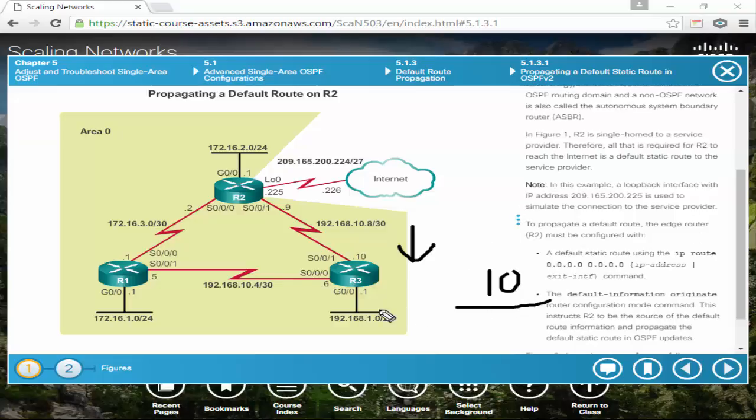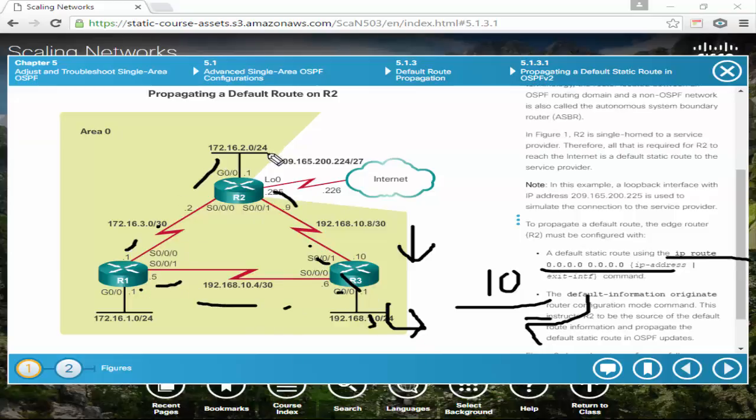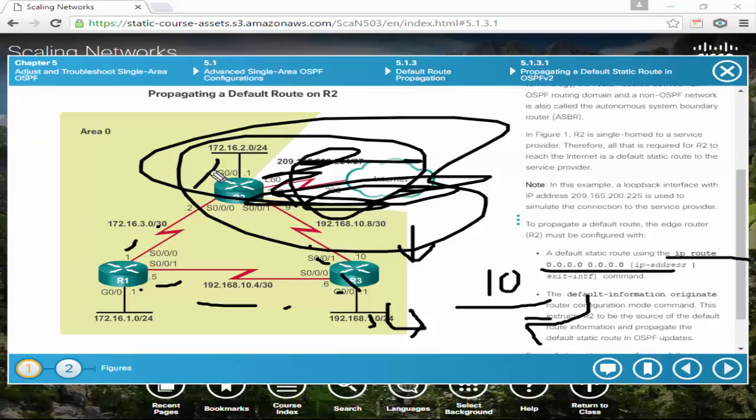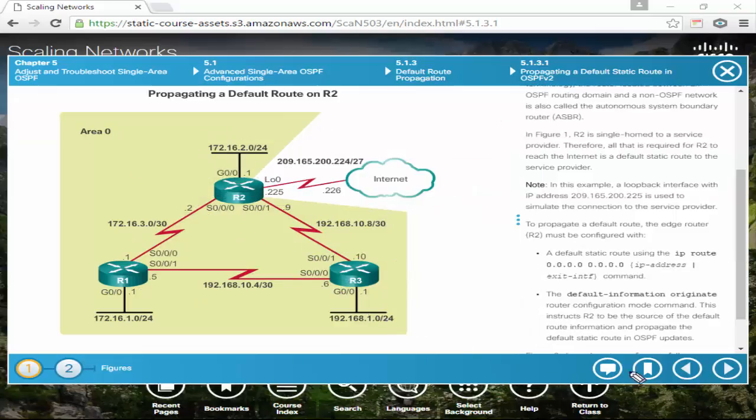And once we're inside there, we put in default information originate. What that's going to do is, if we have a default route, it's going to feed that to everybody else. It says, hey, if you want to get the internet, you want to get the default route, come to here. And that's how that works.